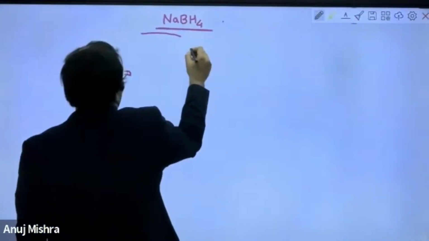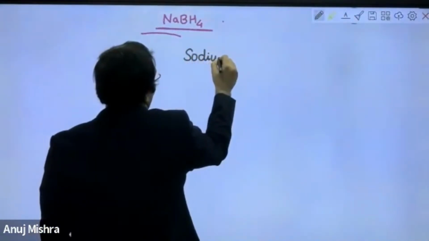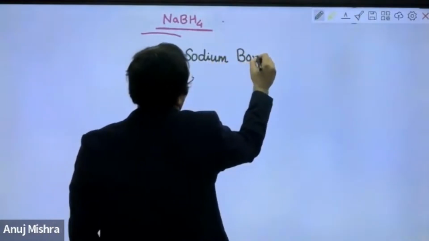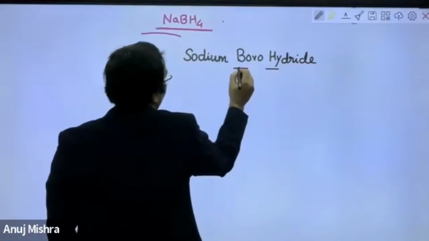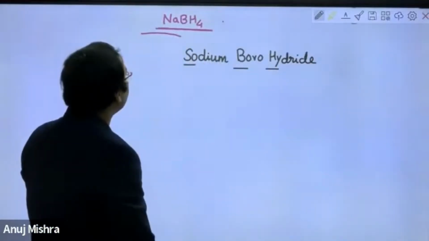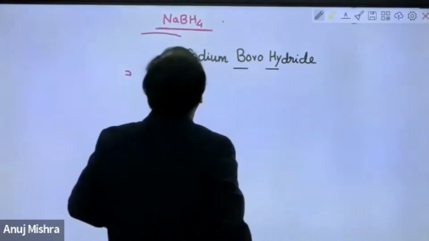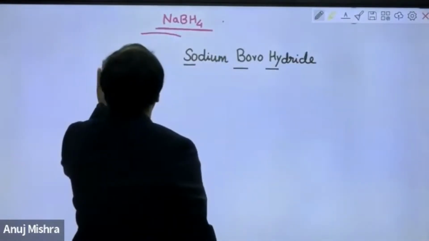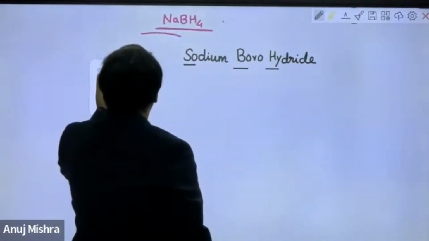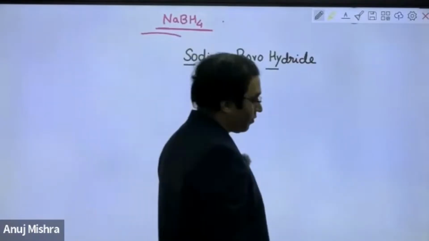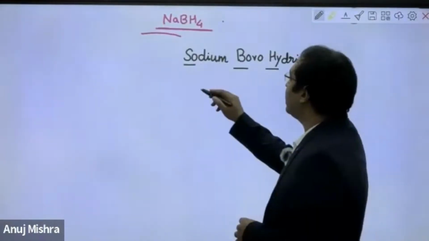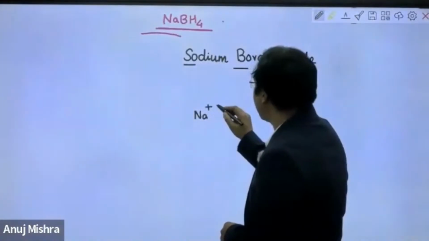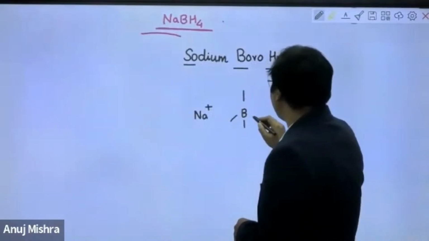Write down sodium borohydride. Sodium borohydride. Okay. So sodium borohydride is Na plus and BH4 minus.